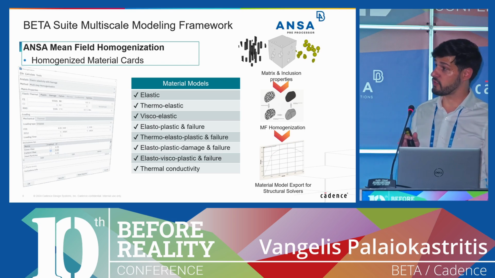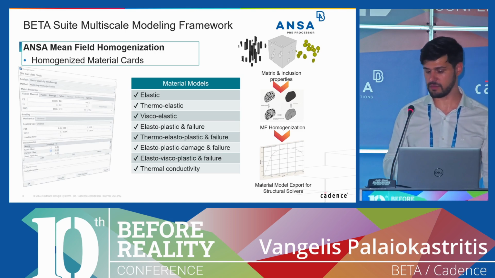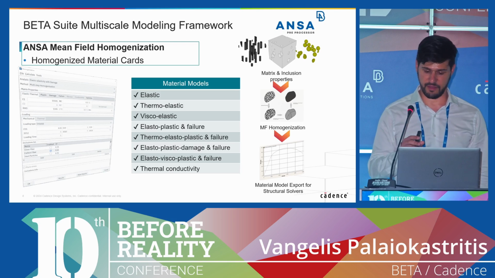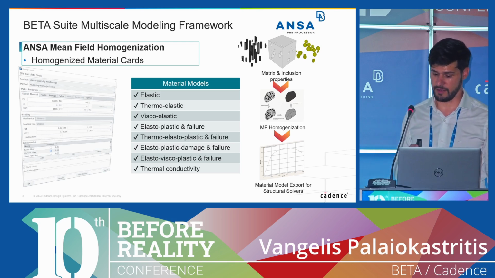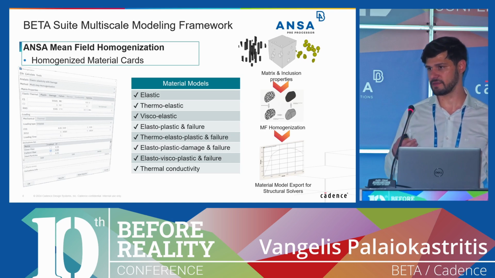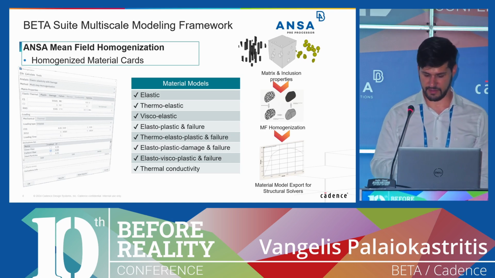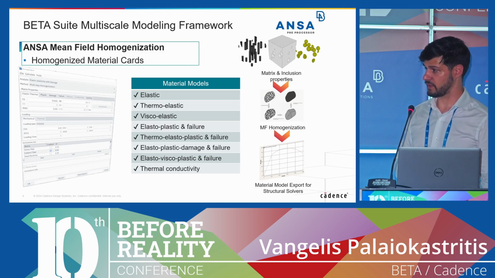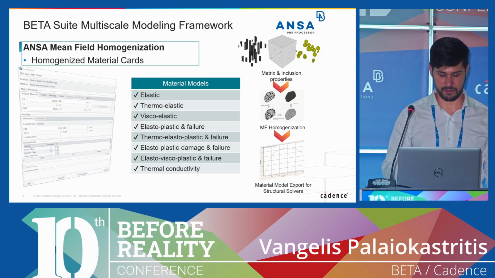The tool supports both linear and non-linear models, and the purpose inside ANSA is to generate the material card, the material model that will be used in further macrostructural analysis.